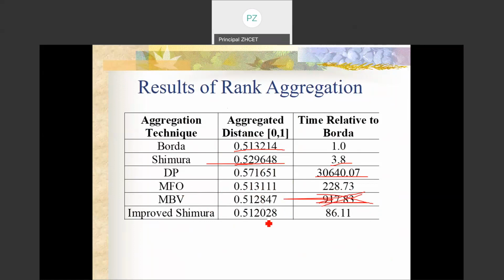And improved Shimura is the best, right? In terms of time, it is pretty reasonable, better than even MFO and MBV, and of course better than DP. Not as good as Shimura in terms of time, but its normalized aggregated Spearman footrule distance has become less as compared to all these techniques.